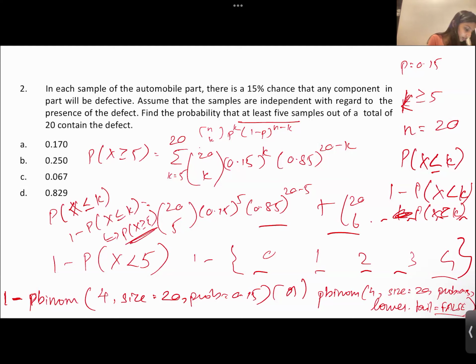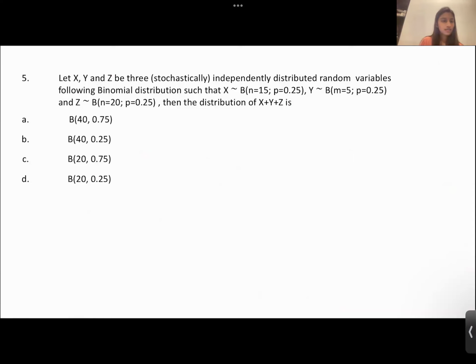So this is what you wanted to do in this question. You can use either of these. Either of these methods will work, both in case of applying the formula or solving it with R.